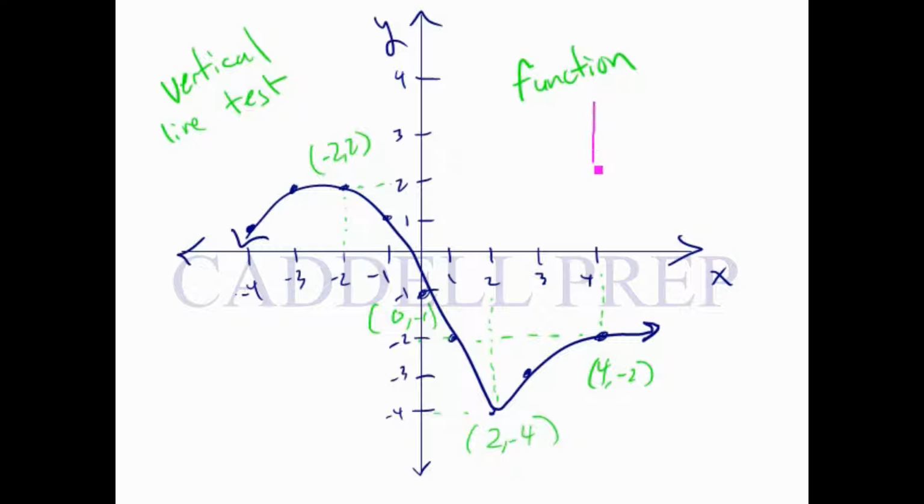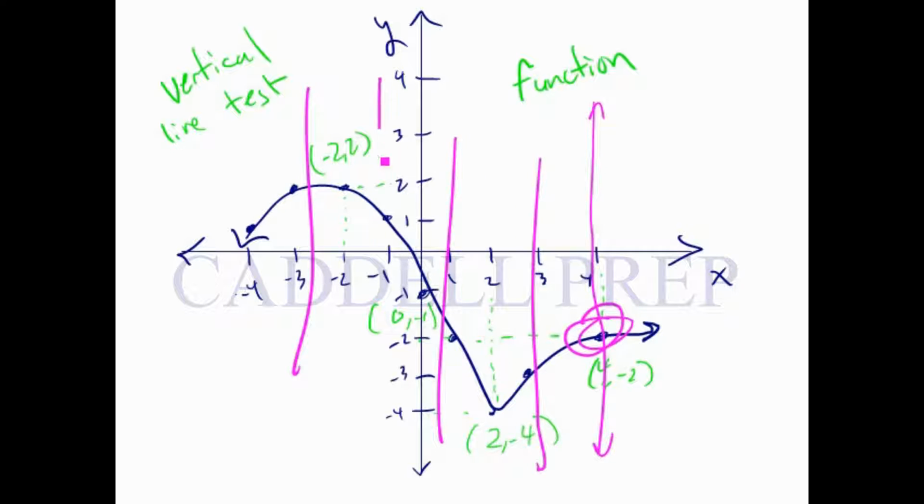So let's say we draw a vertical line here. When we look at this, it only crosses the function at one spot, the 4, -2. If we draw a vertical line anywhere on here, each vertical line is only going to intersect the function in one spot. And if that happens, that means that this is a function.